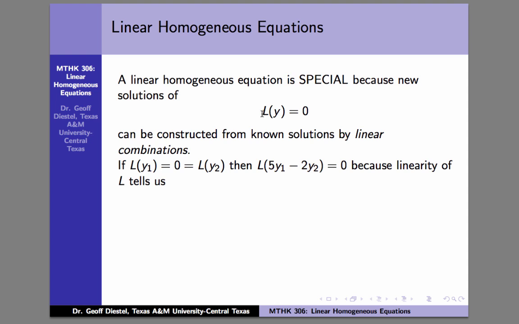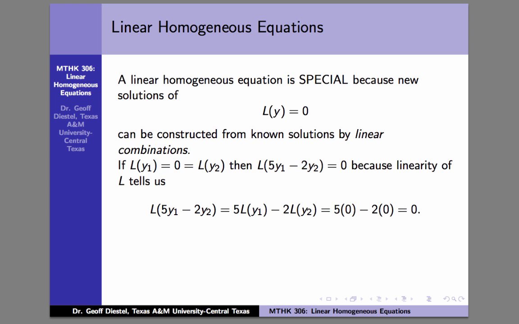So for example, if I have two functions, y1 and y2, which both solve my equation, then I can create any linear combination of these, which is just a constant times one of them plus a constant times the other. In this case, we're adding 5y1 plus a negative 2y2. That is also going to be a solution because of the linearity of L. That's really why we like to use linear operators and focus on them, because of this algebraic simplification.